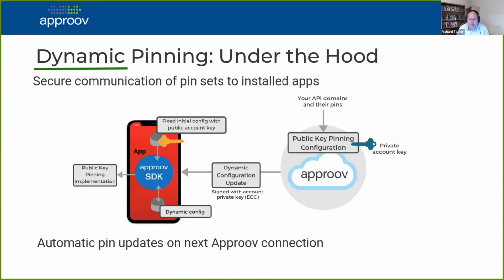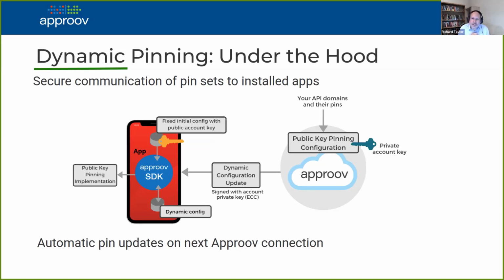In order for this to work securely, we have to have a mechanism to communicate this to the app. One of the challenges here is that the pins on our service could also change, as we want to be able to change our certificate chains. So we don't simply rely on the fact that our communication is pinned and therefore we can provide configuration to the app.